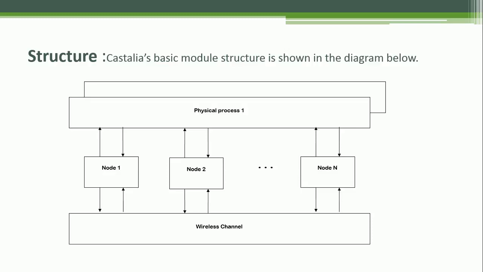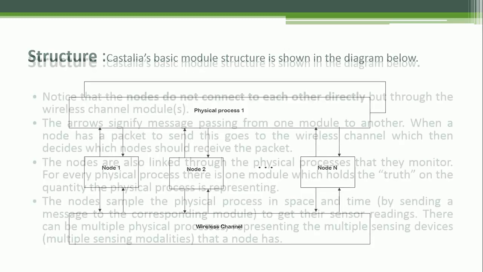Between the start layer and the end layer are the nodes. Nodes are not connected to each other directly, but are connected through the wireless channel, and nodes are also connected through the physical process. This is the structure of Castalia.